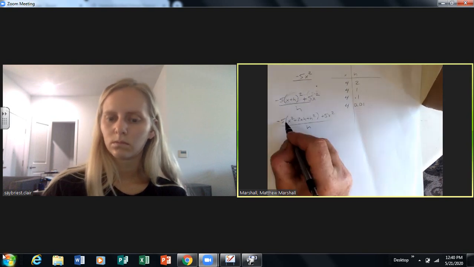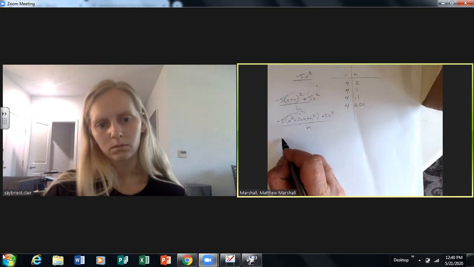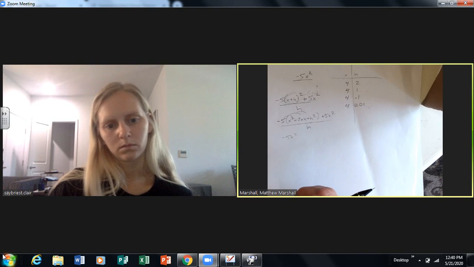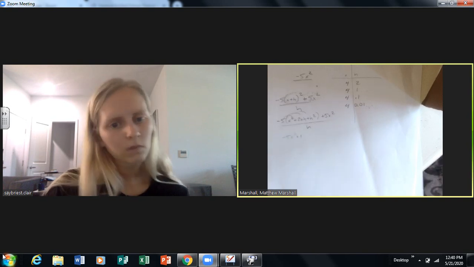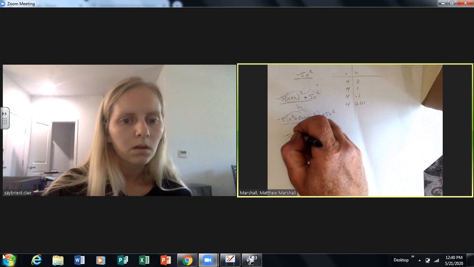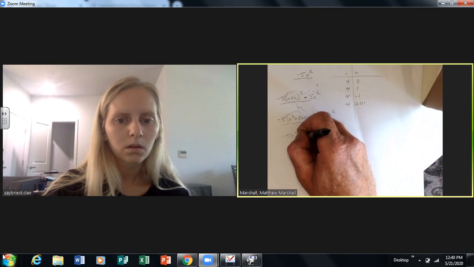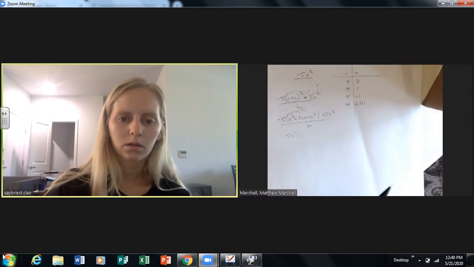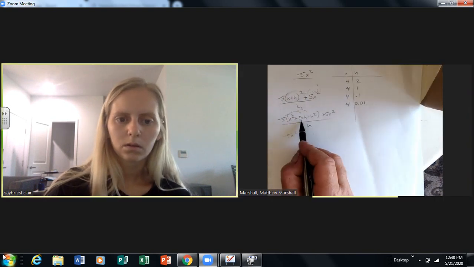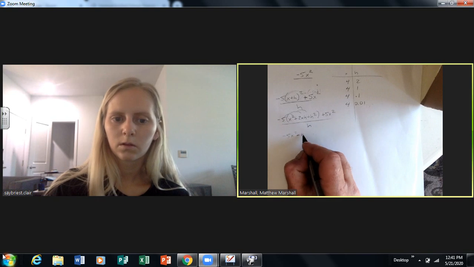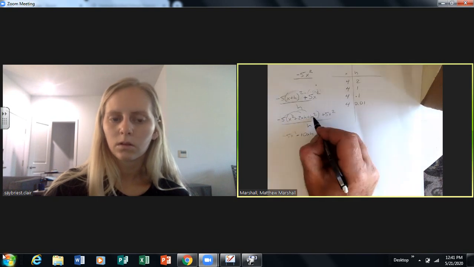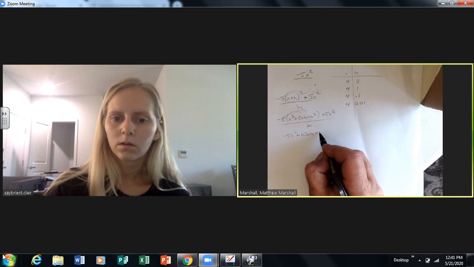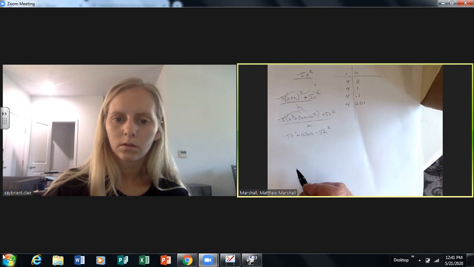This distributes and gives me this. This one's trickier because you have negatives in there to watch out for. So this negative 5 times this 2 gives me negative 10xh minus 5h squared.